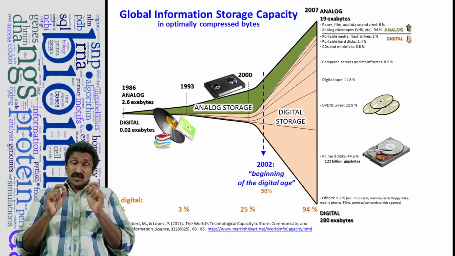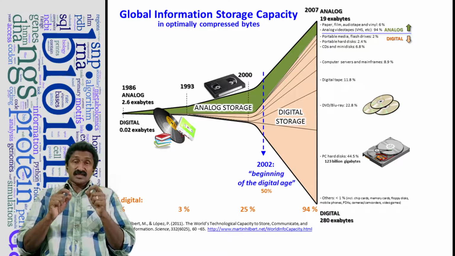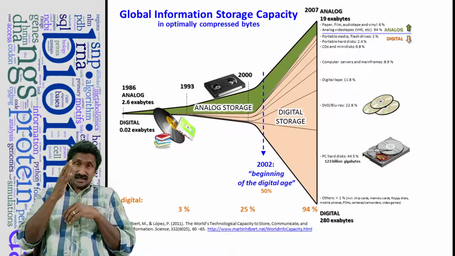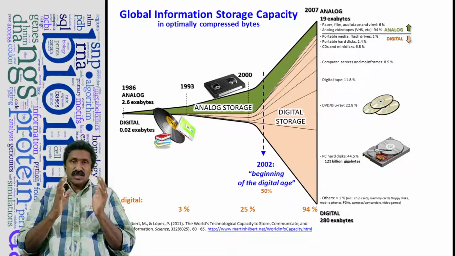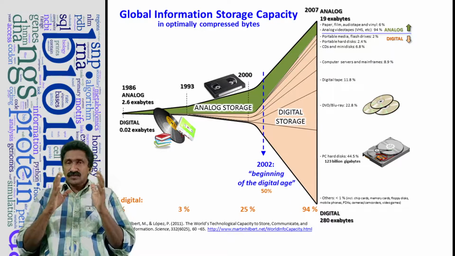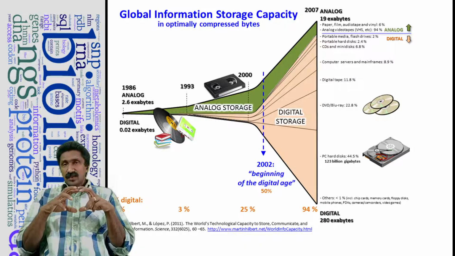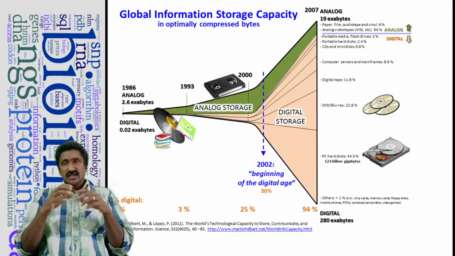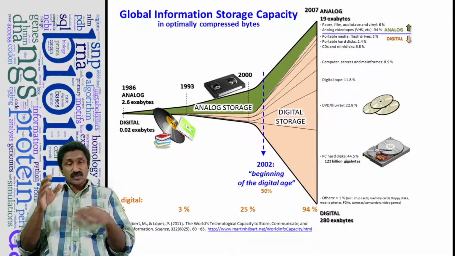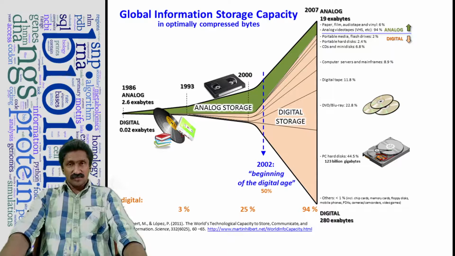Whereas we have 280 exabytes of digital data stored by the time of 2007. So within a short period of about 5 years, there is a very large increase in digital storage capacity, and that storage capacity has increased to about 280 exabytes of data.